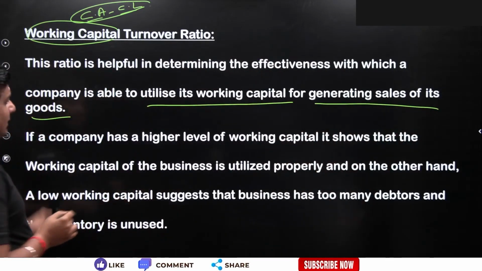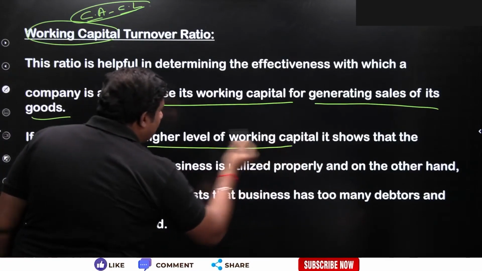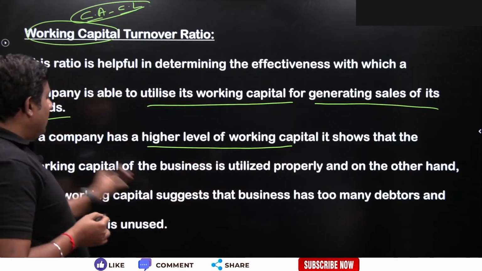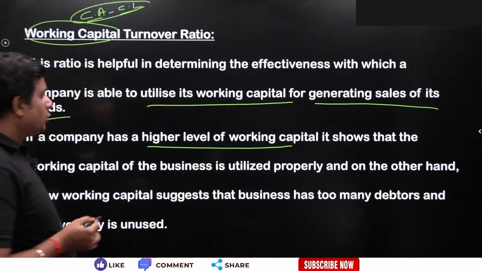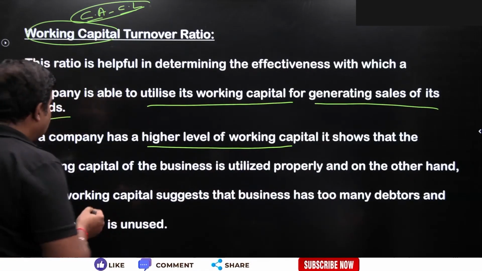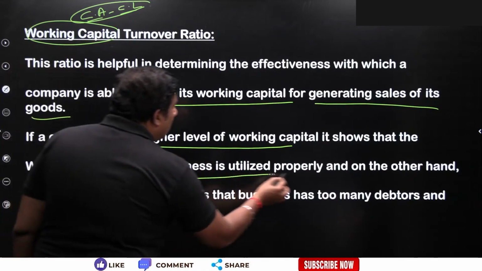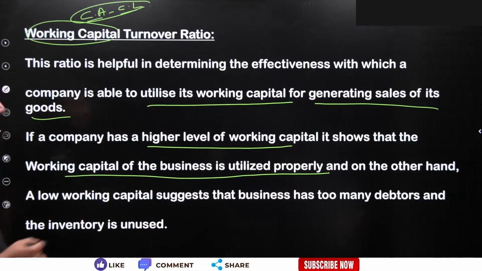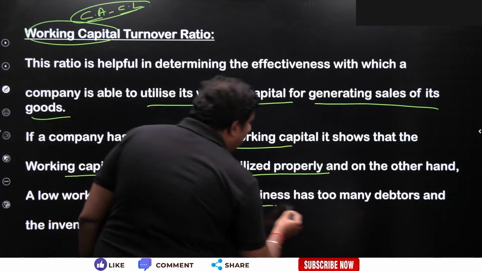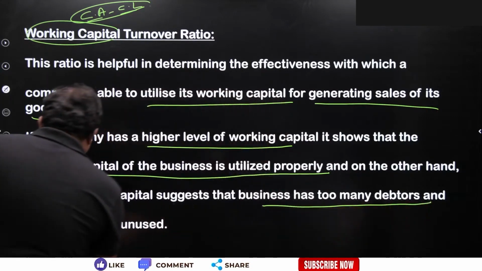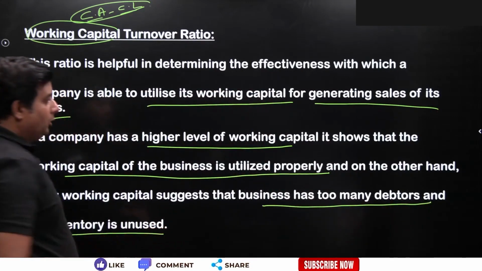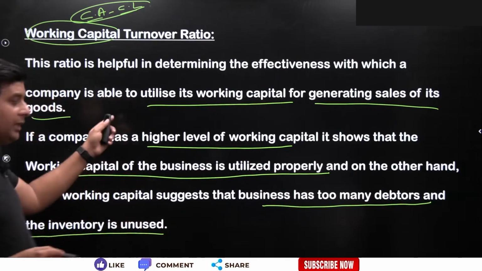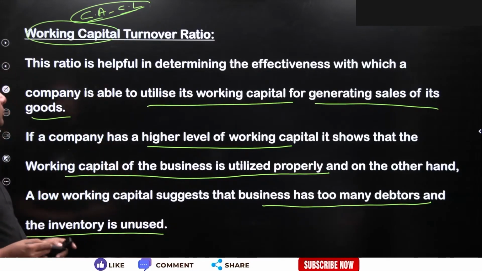If a company has a higher level of working capital turnover, it shows that working capital is utilized properly. On the other hand, a low ratio suggests that the business has too many debtors and the inventory is unused. This significance is very helpful for you.